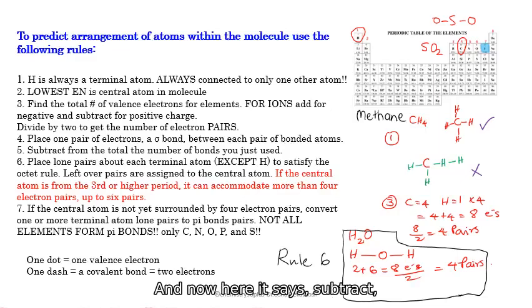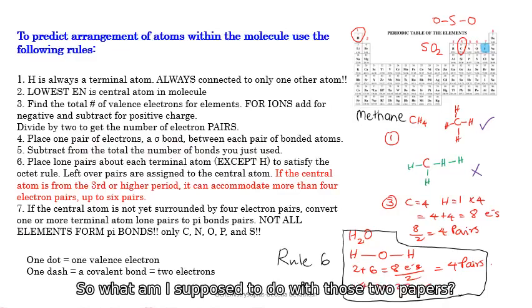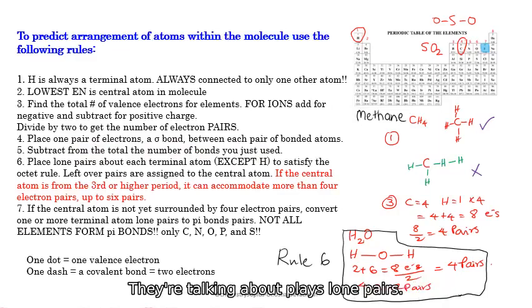And now here it says subtract. Subtract what? Subtract the number of bonds you just used from the total. I have 4 pairs, so 4 minus 2 will be 2 left. What am I supposed to do with those 2 pairs? They are talking about placing lone pairs. That is called a lone pair, and it is not bonding.